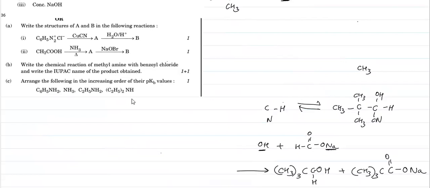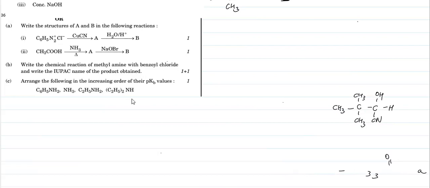So let's start. They've given us this particular reactant, and a very important concept that you learned in organic chemistry is the diazonium salt, and the reactant is a diazonium salt. And if you look at the reagent of this particular reaction, it's CuCN, and I think you should have realized by now that it's a named reaction.